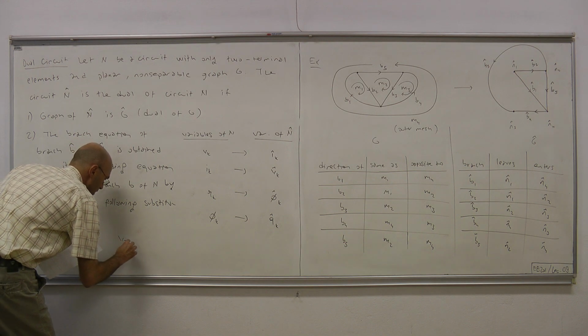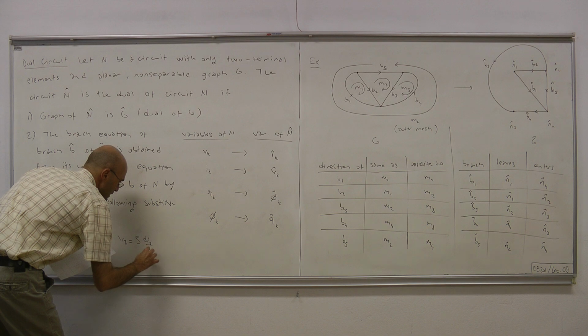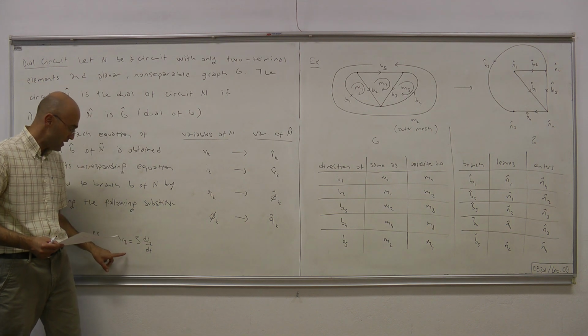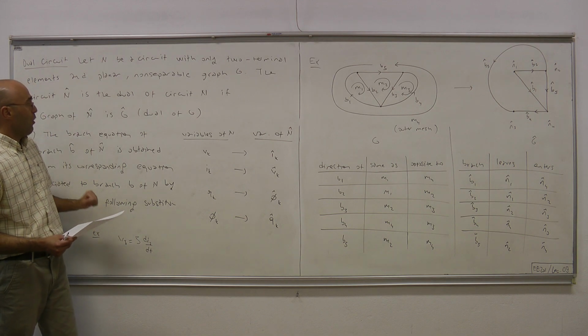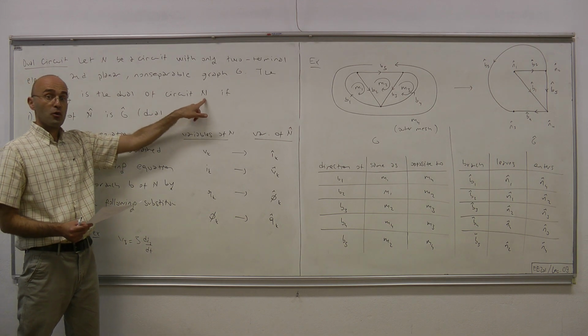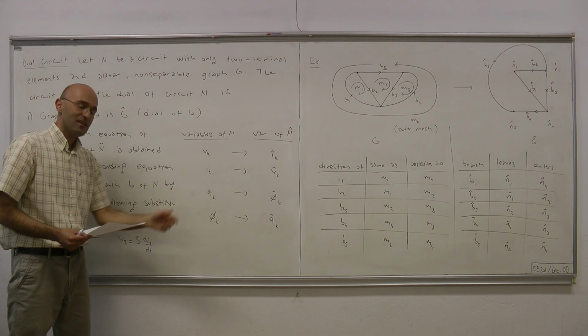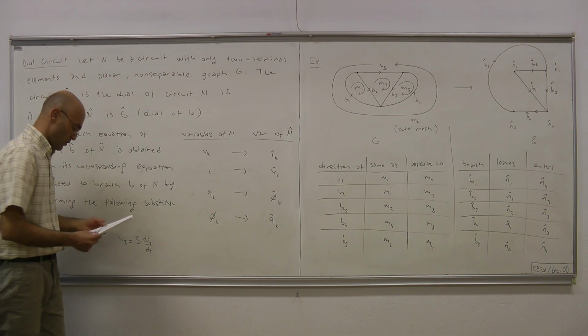V3 equals 3 di3 dt. Suppose this is the terminal equation for the third branch of the network or the circuit N. And then in the dual circuit N hat, the third branch will satisfy the following terminal equation.